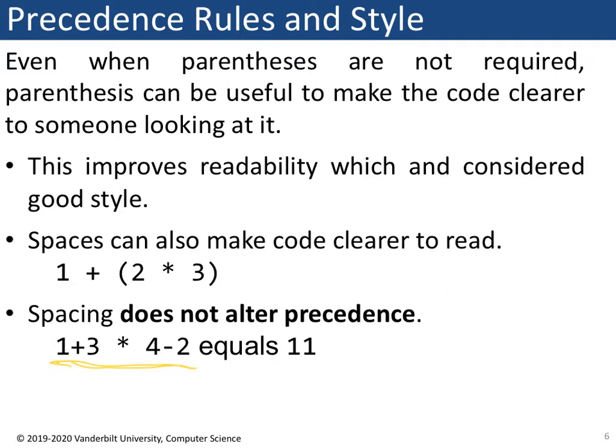It may look that way, and to us it might read that way, but to the Java compiler, it will evaluate precisely based on the precedence of the operators. 3 times 4 is going to result in 12. Then we have 1 plus 12 minus 2, and plus and minus are of equal precedence, so it'll be 1 plus 12, which is 13, then 13 minus 2 is 11.